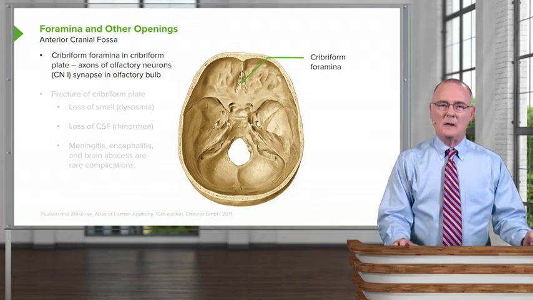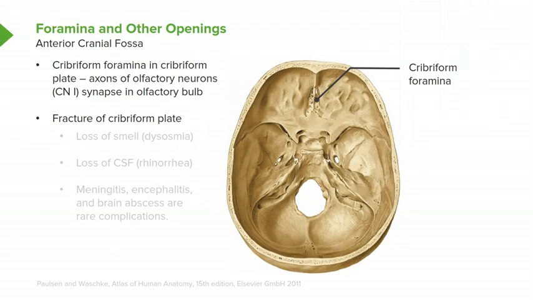olfactory bulb. Clinically, there can be a fracture of the cribriform plate. If this was to occur, there would be a loss of smell, dysosmia. You could also have a loss of cerebrospinal fluid. This is referred to as rhinorrhea.